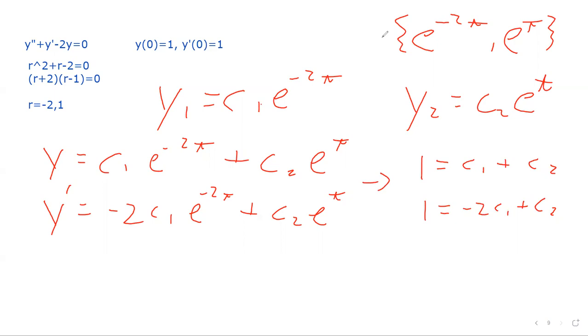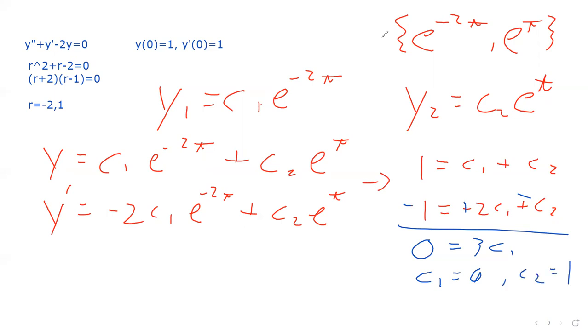Go ahead and multiply this bottom one by a negative and then add together. So 0 equals 3C1. So C1 equals 0, and that makes C2 have to equal 1. So our final real answer for this, with these initial conditions, is just e to the t.